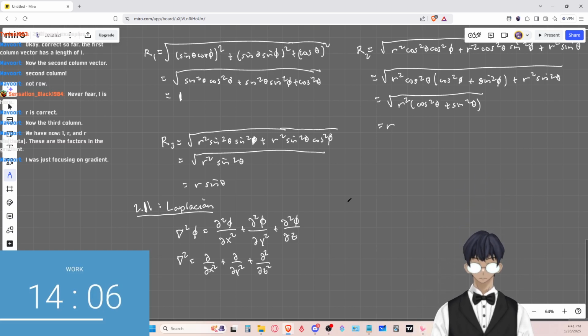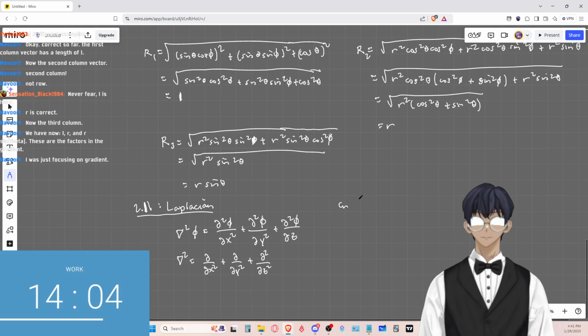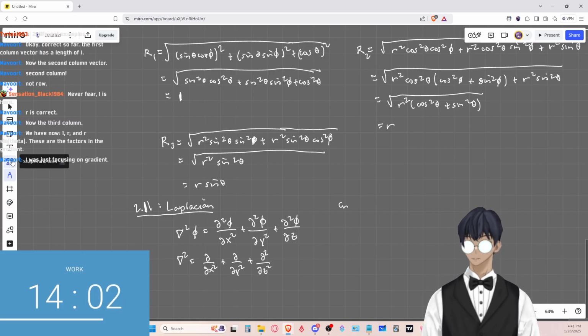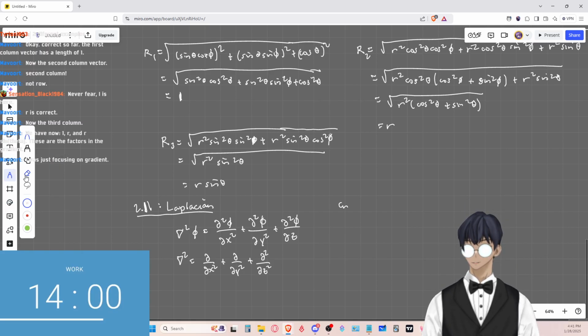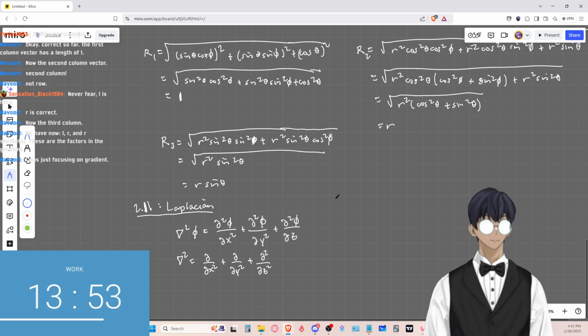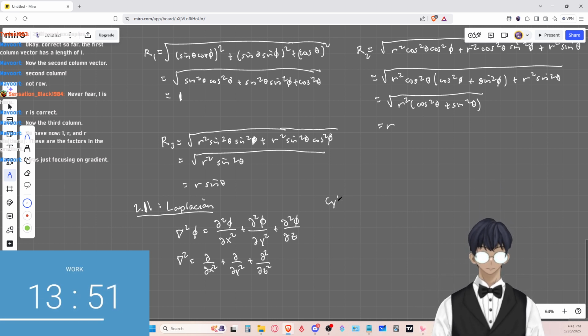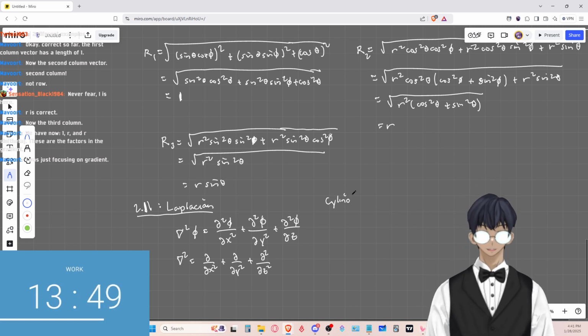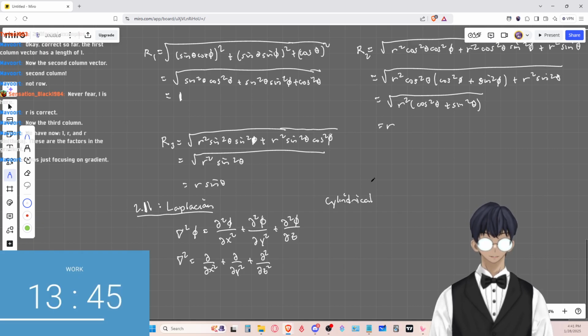And they really love to give the spherical and the different coordinate systems, which I don't mind because it's probably better for me to know these coordinate systems.